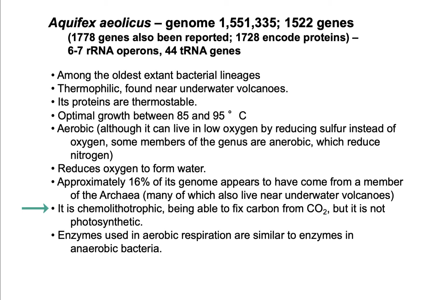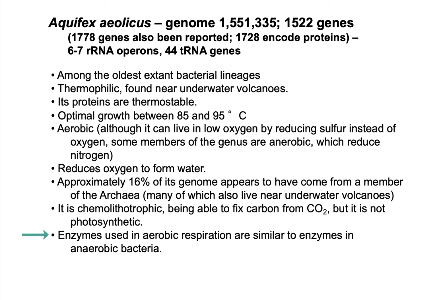It's a chemolithotroph, that is, it fixes carbon from CO2, but it's not photosynthetic, so it has those genes for fixing carbon from CO2, a Calvin cycle. The enzymes used in aerobic respiration are very similar to the enzymes in anaerobic bacteria.